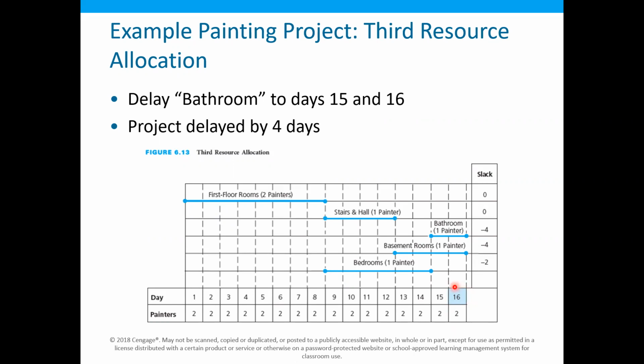But by doing this, we can see that there is a delay in the project, and that delay is evident from the lowest amount of slack available in the project for those activities. For the basement room and the bathroom, there is this lowest slack of -4. So the project has been delayed, but the requirements of the resources have been met. There is no other choice in this case, in this resource limited schedule.